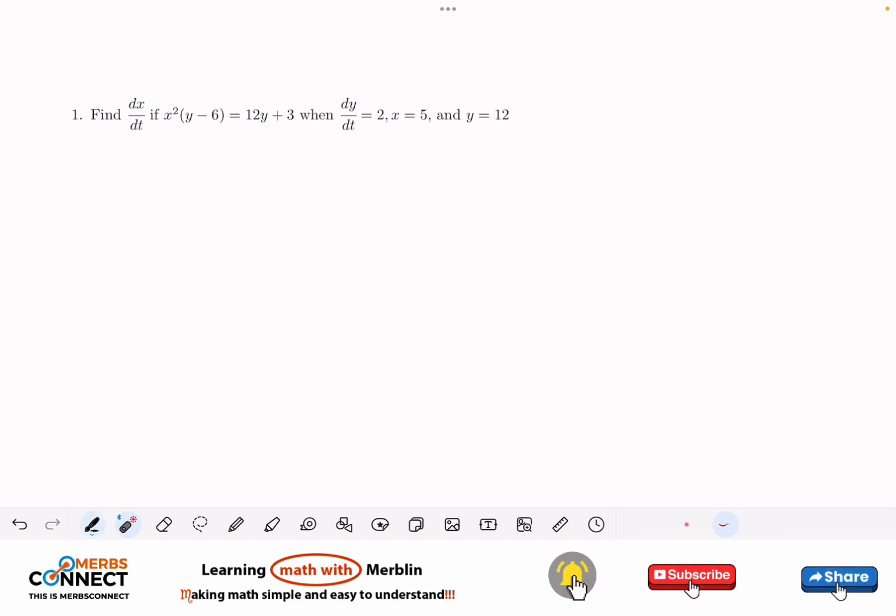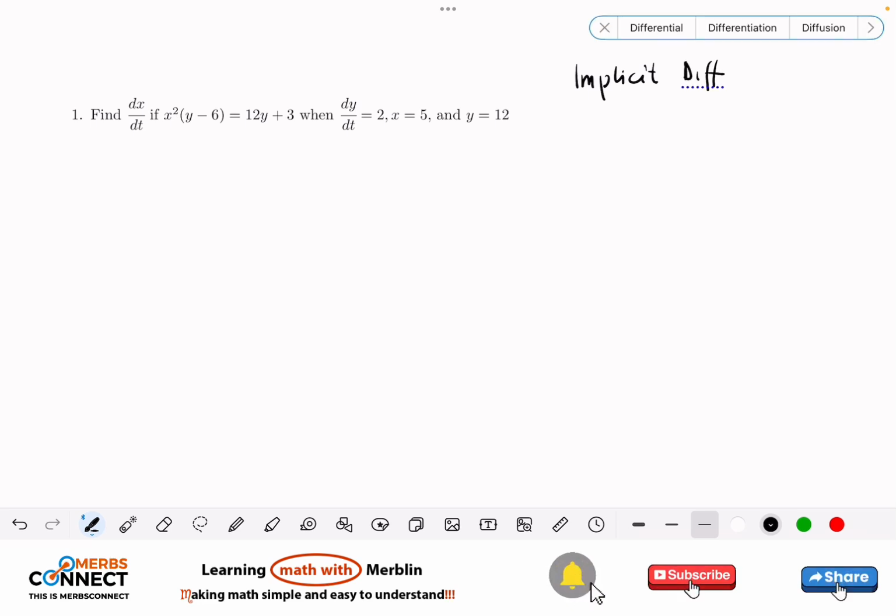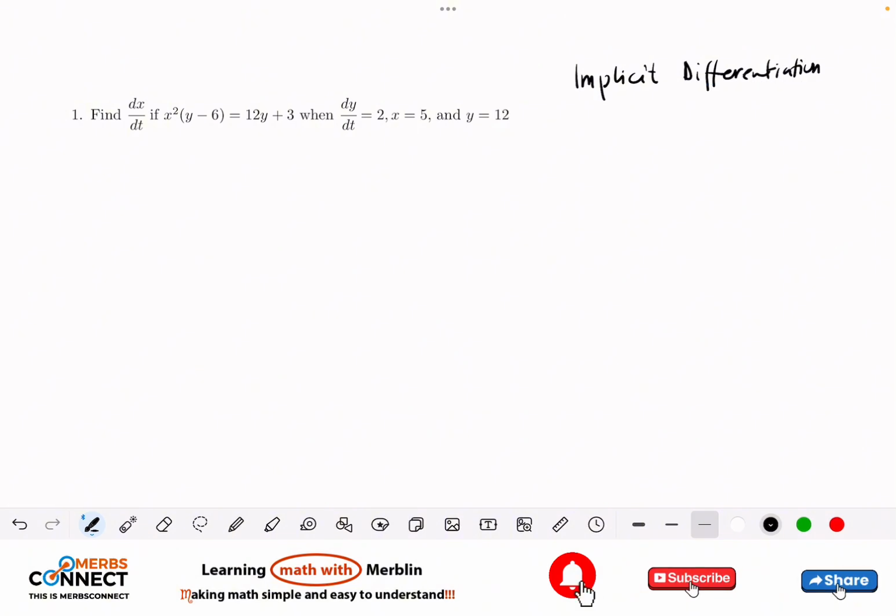So I'll do something small before we go through the examples that we have. With implicit differentiation, as I said in the previous video, all the differentiation we've done had something like y is equal to x squared plus 2x plus 1, or an exponential function or a linear function.